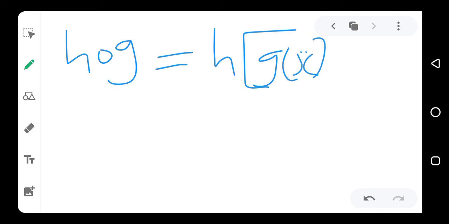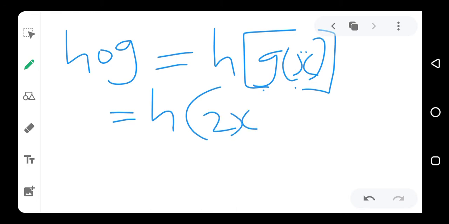Now we put the expression for g of x. So we have h bracket 2x minus 1. 2x minus 1 is the expression for g of x. Now it means that we are going to replace every x in h by this expression.